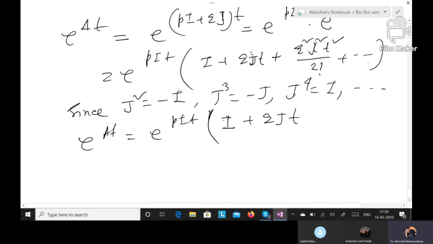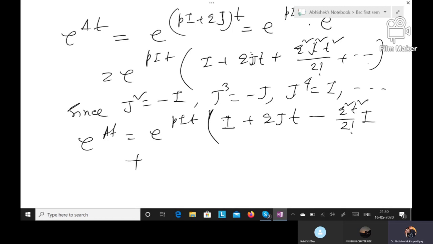Now what is J square? J square is minus I, that is minus q square t square by 2 factorial capital I, plus the next one is q cube J cube t cube by 3 factorial.